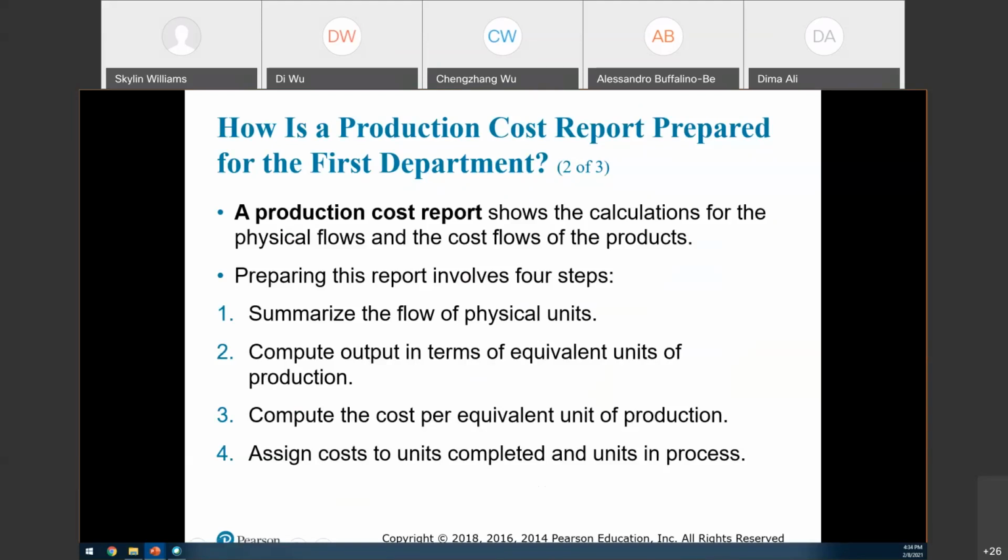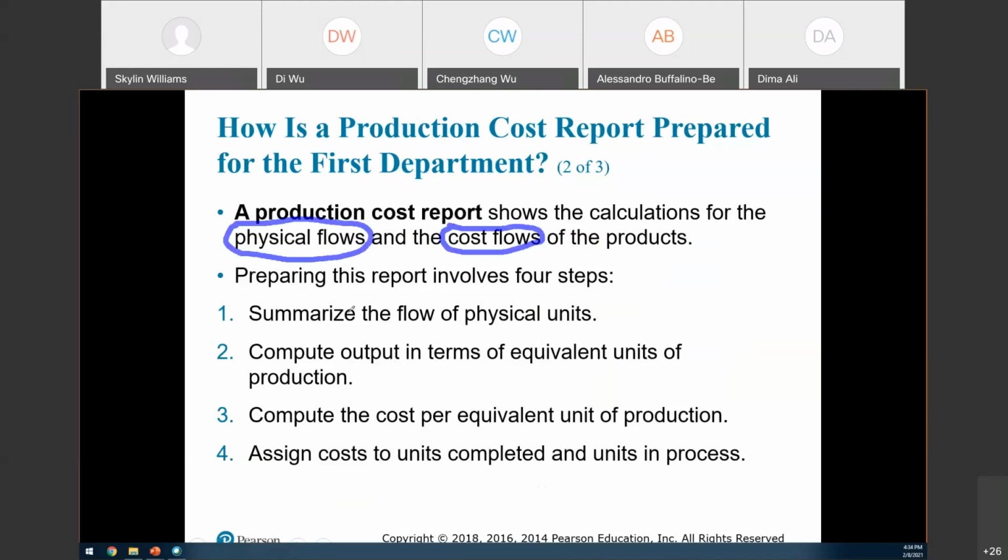Well, basically, there are 4 steps to preparing a production cost report. As I said, there are 2 parts in the production cost report. The first part regards physical flows, and the second part is about cost flows.